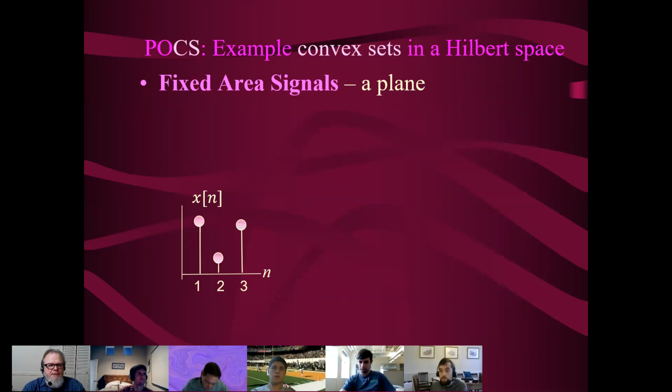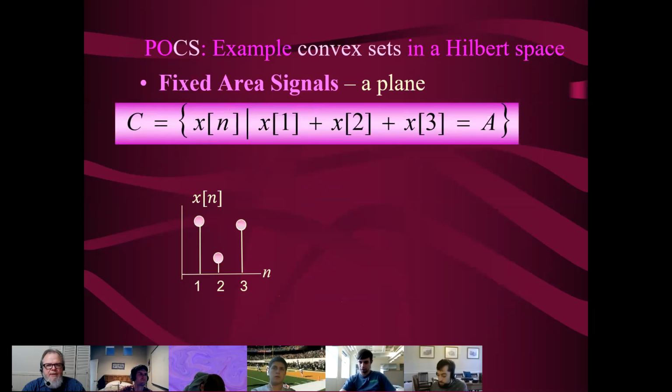Here's a fixed area signal. What do I mean by a fixed area signal? Well, here I mean all of the signals where x sub 1, x sub 2, and x sub 3 add up to a specific area. You can think of this as kind of the integral. The integral of x sub n is equal to a constant, and this constant remains the same.